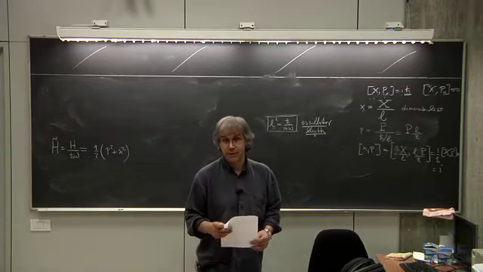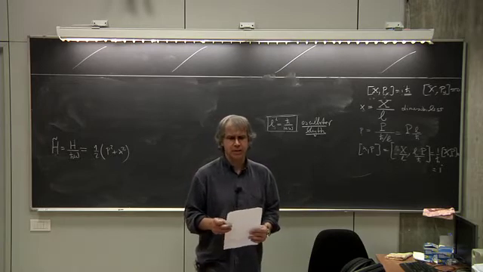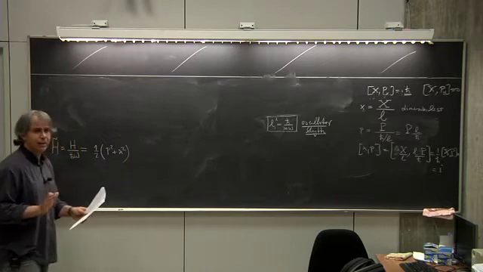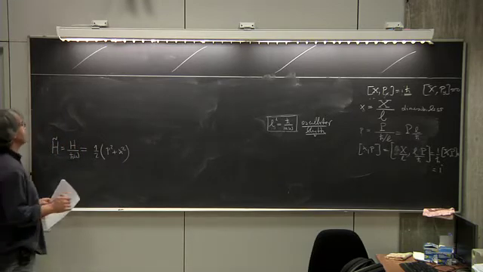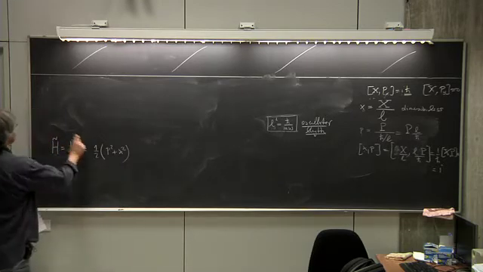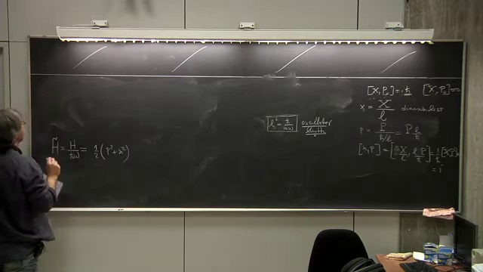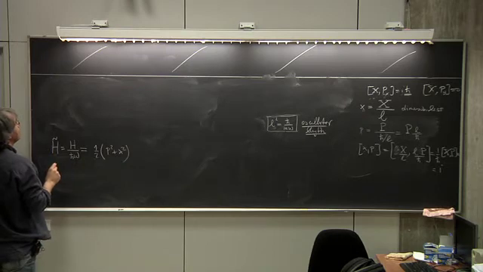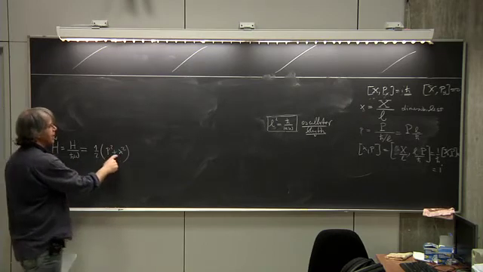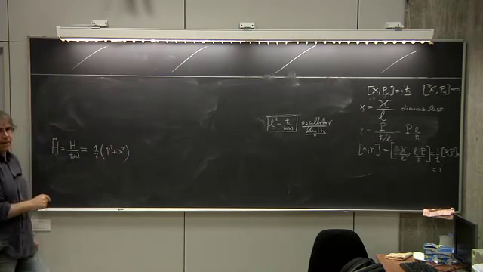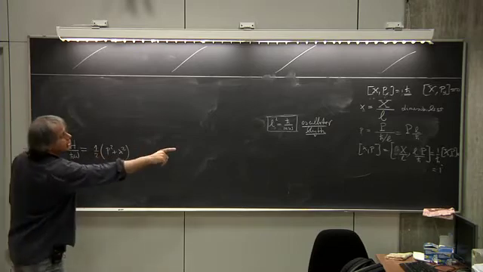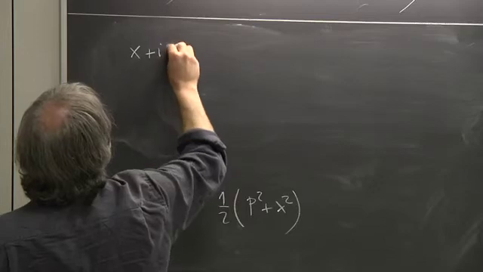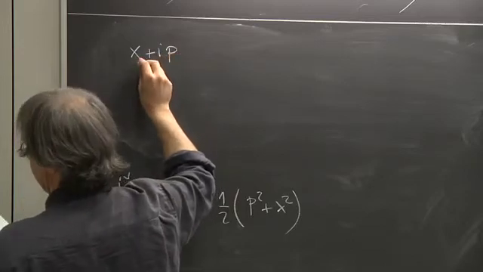Since I know you have seen it, okay, because this is, I think, part of the first course, I will not spend too much time on that, but I want to just give you the main messages nevertheless again, okay? So, let us define two new operators. You see, it's x and p that you have there with commutator i. Let me define x plus ip, okay, over square root of 2.